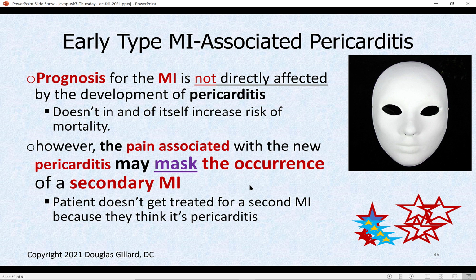But the problem is, if you're in the hospital and you get pericarditis and they think, oh my God, you're having a second heart attack, they work you up and they say, oh, it's pericarditis, no big deal. If you get another attack of pain, they just think, oh, it's the pericarditis, we don't need to work you up again. They always have to work you up whenever you have an attack of pain, because if you've had one heart attack, the next 6 weeks you're at risk for another heart attack.